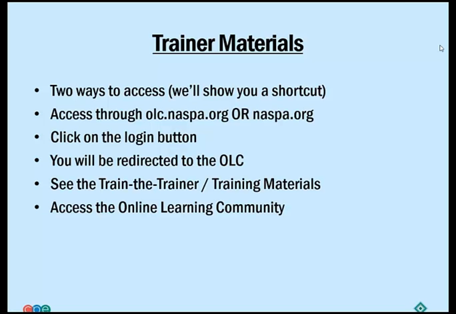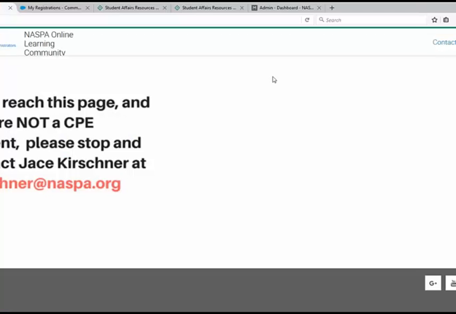Yeah, and I actually want to point out what that screen might look like for you, because that is the redirect that you will see if you are a student. This might be the page that comes up for you. There you go, yes. So this is where your students will log in.